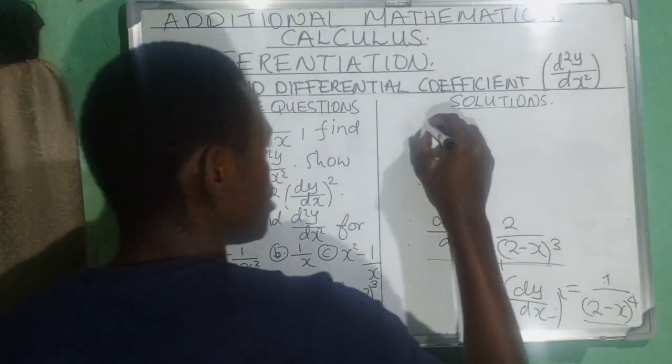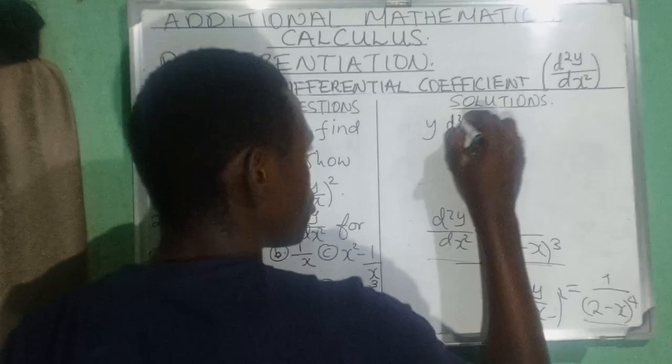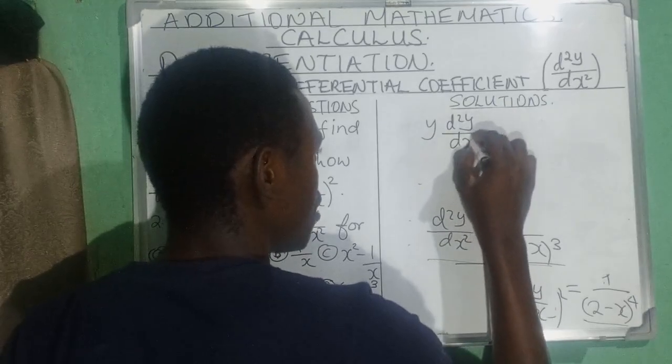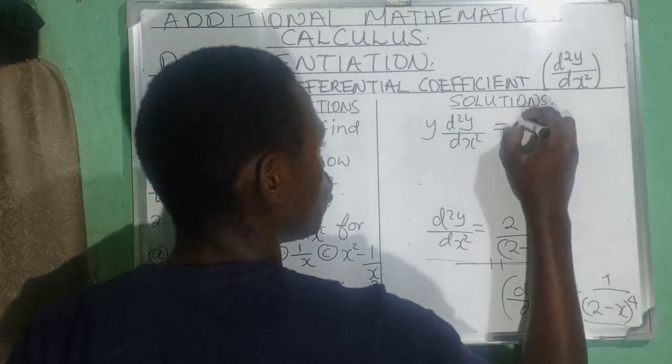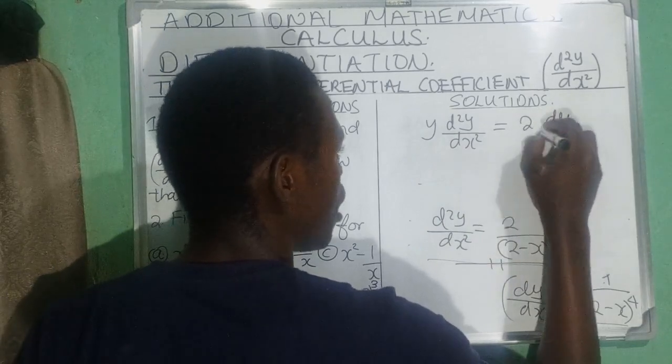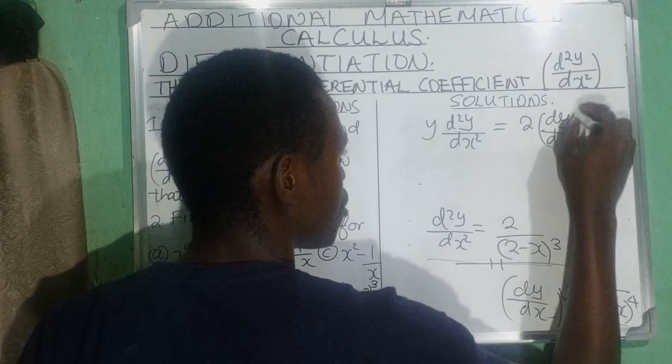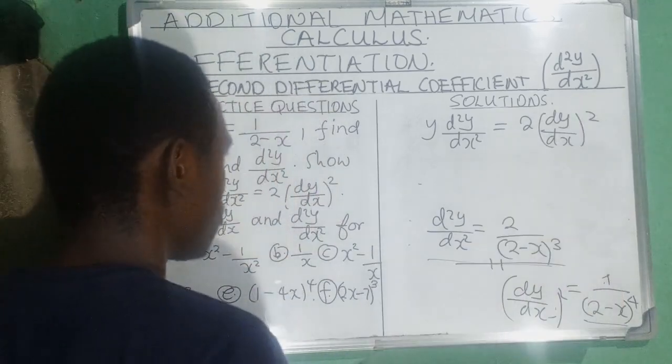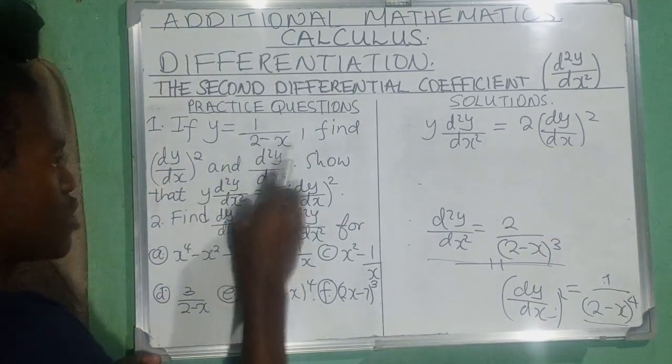They are saying that y multiplied by d2y dx2 is equal to 2 multiplied by dy dx, which has to be squared. So our y is this function here.